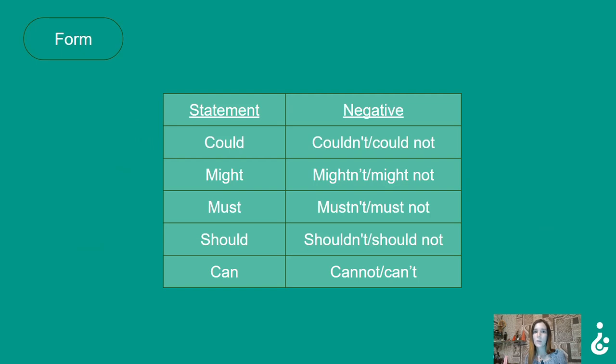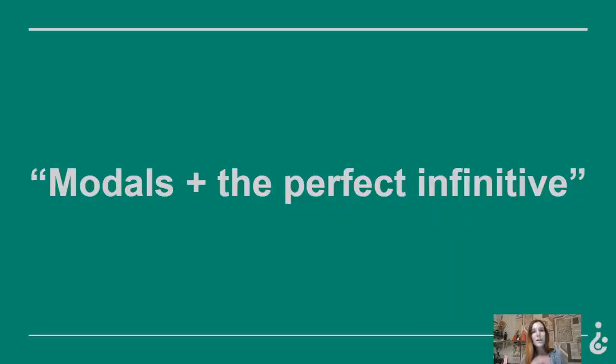So we have could or couldn't, could not in negative, might or mightn't, might not in negative, must or mustn't, must not in negative, should or shouldn't, should not in negative, can or cannot, can't in negative.